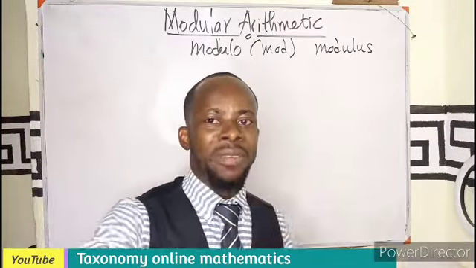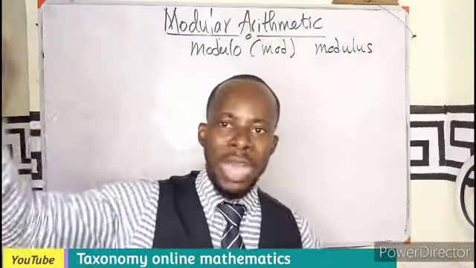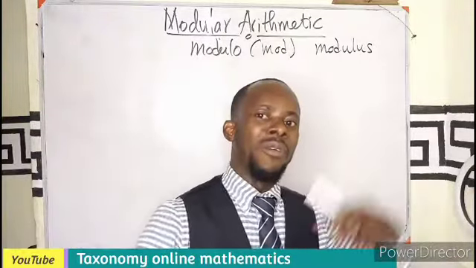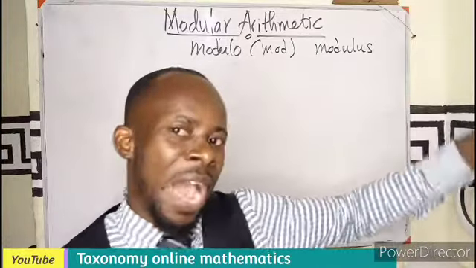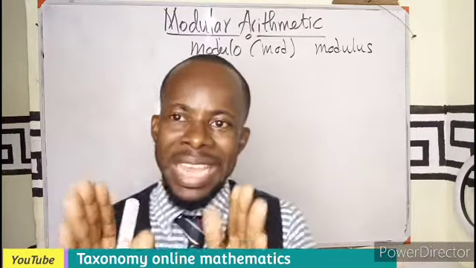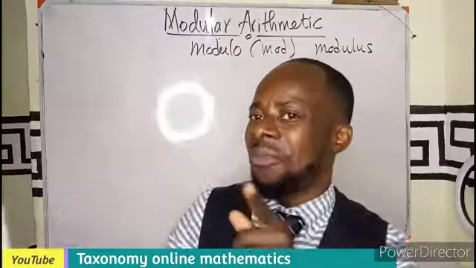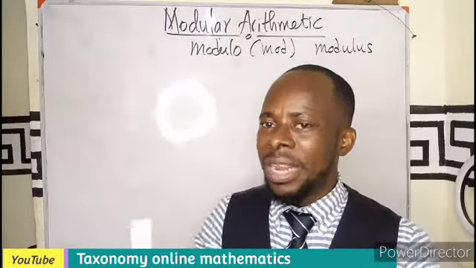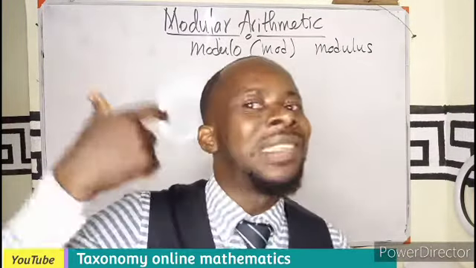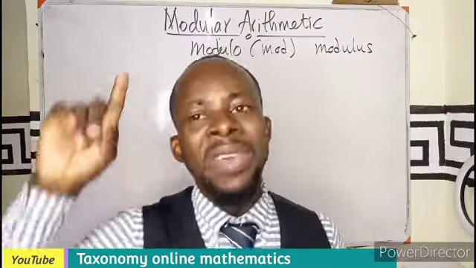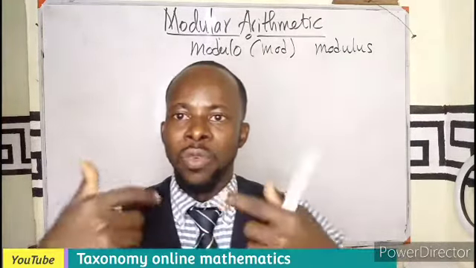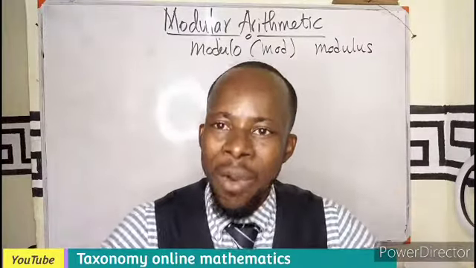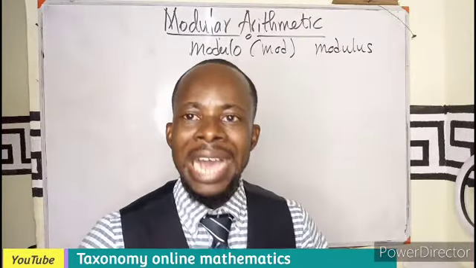When they get to 5, the next person starts from 1. So 1, 2, 3, 4, 5. The next person 1, 2, 3, 4, 5 in that order. So even in a class of 30, after that activity, there will be nobody in the class that will have the number 6 or 7 or even 30. It means we are rolling over from 1 to 5. We start again in that order. That is the rolling over activity.